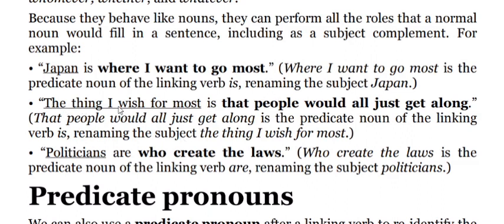The thing I wish for most is that people would all just get along. Now, that people would all just get along is the predicate noun of the linking verb is, renaming the subject the thing I wish for most.